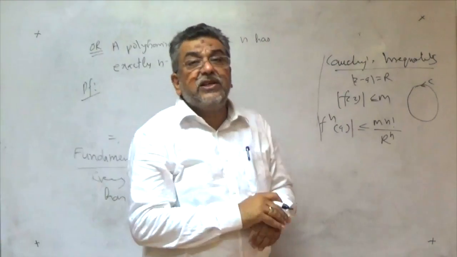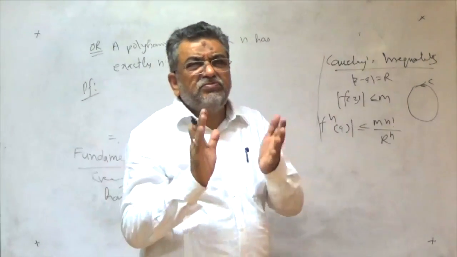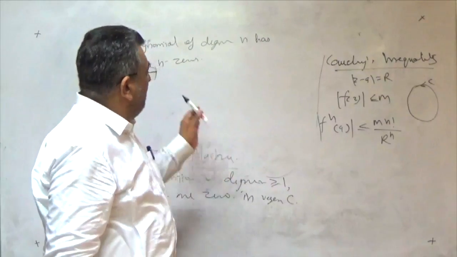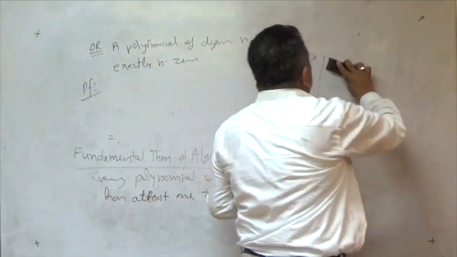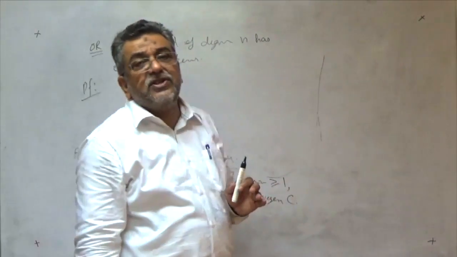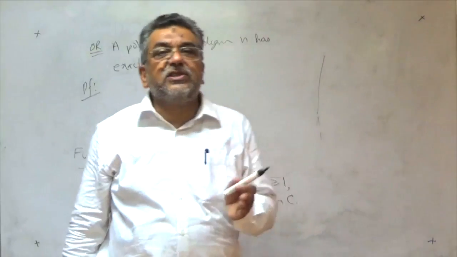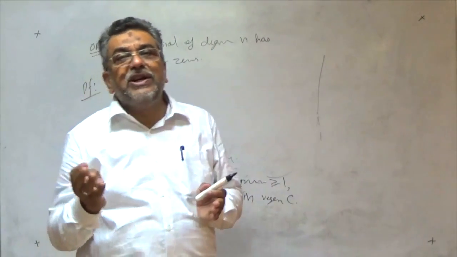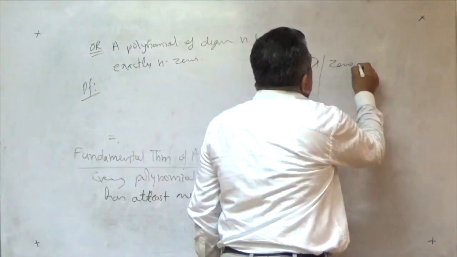To prove this, first of all, I want to discuss a little about zeros, because in the next chapter, in second module, complex analysis 2, there is a chapter in which I will discuss zeros, poles, singularities in detail. But simply, what is the meaning of zero?